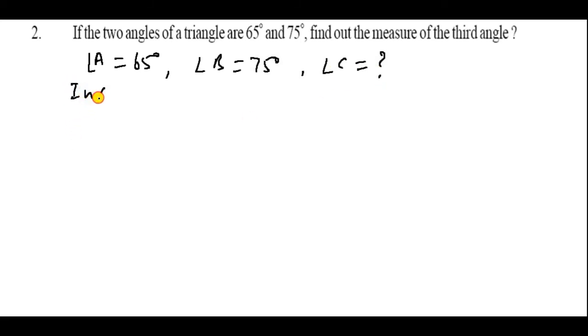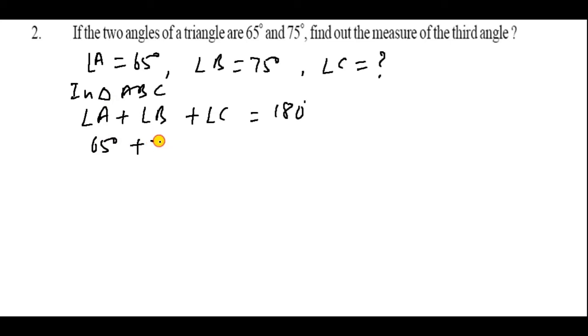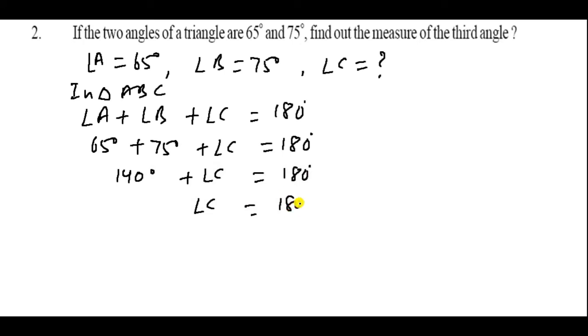In triangle ABC, angle A plus angle B plus angle C is equal to 180 degrees. Now angle A is 65 degrees plus angle B is 75 degrees, plus angle C which we want to find, is 180 degrees. Now add them: 5 and 5 is 10, and 7 and 7 is 14, so 140 degrees plus angle C is equal to 180 degrees. So angle C is equal to 180 minus 140. So it is 40 degrees, and that is your answer.